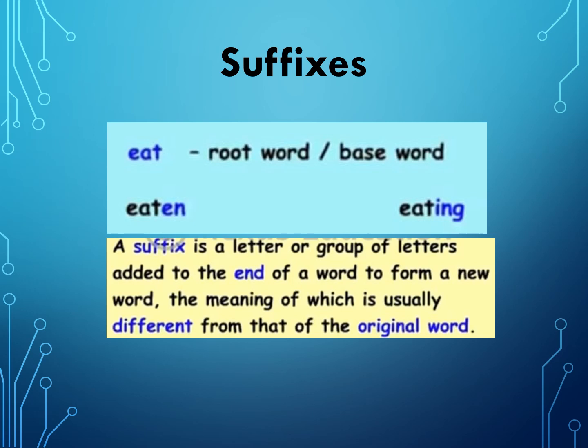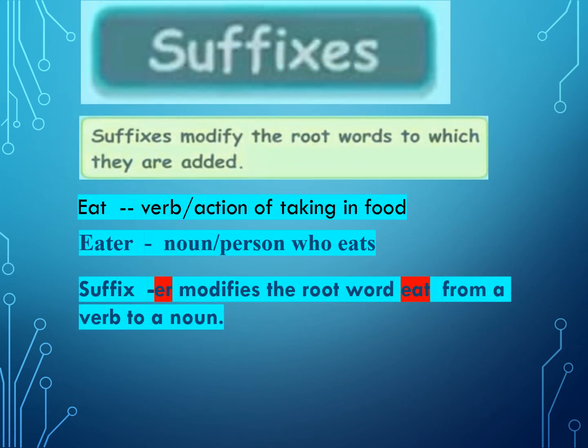What is a suffix? A suffix is a letter or group of letters added to the end of a word to form a new word, the meaning of which is usually different from that of the original word. Suffixes modify the root words to which they are added.